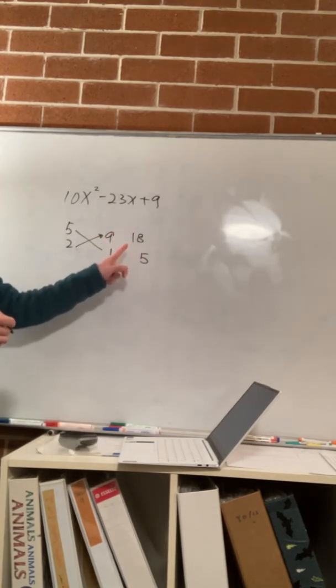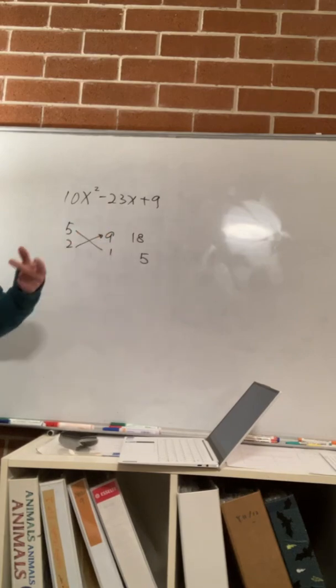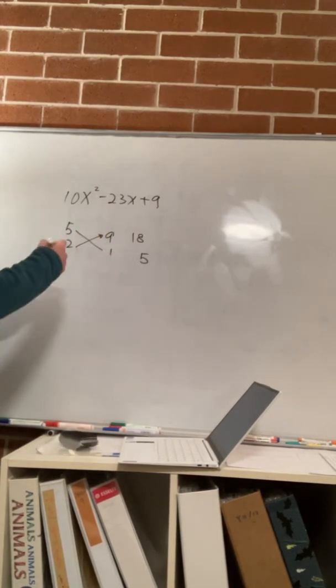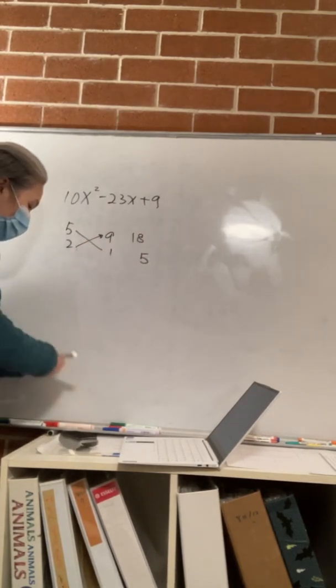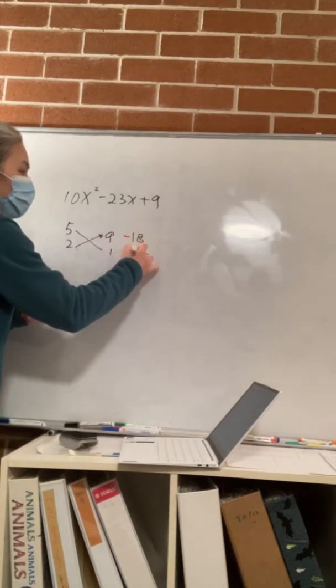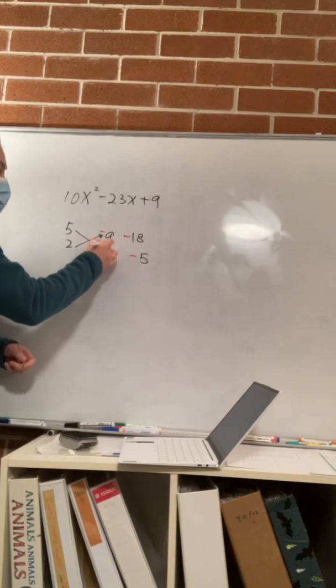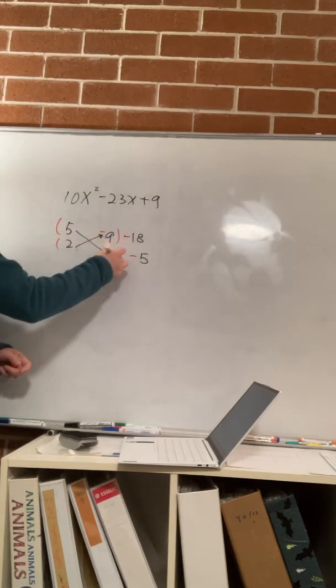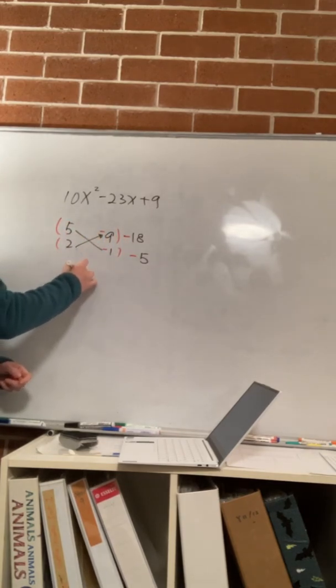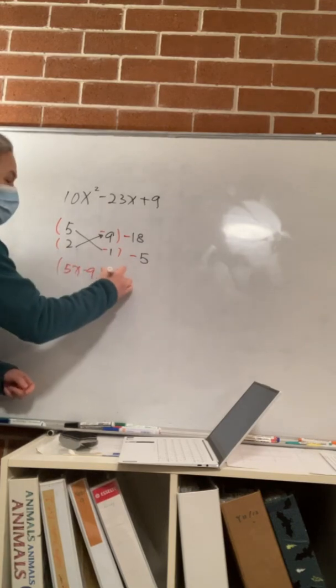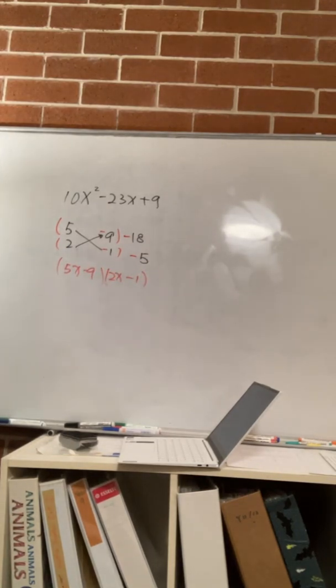If I add these two numbers, I'll get that number. Or instead of adding, I should minus it. So if I do minus 18 minus 5, I get minus 23, right? So I put a minus in here. Then this is what I'm going to write as a solution. So you have 5x minus 9, and then you have 2x minus 1.